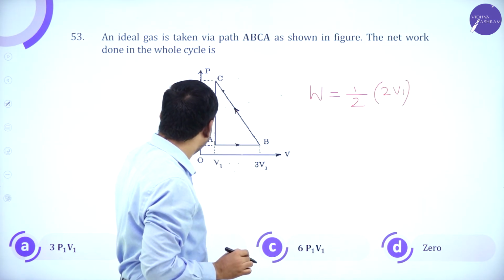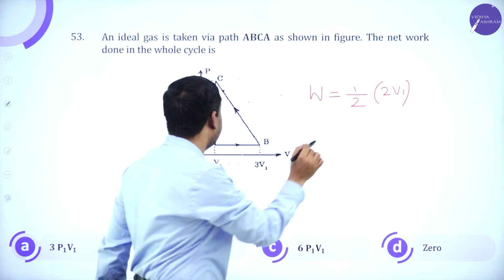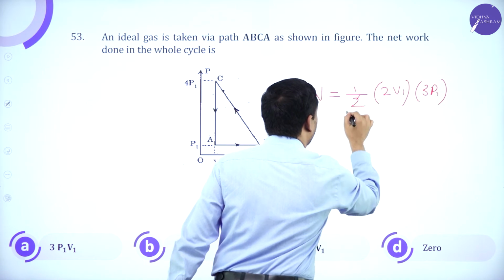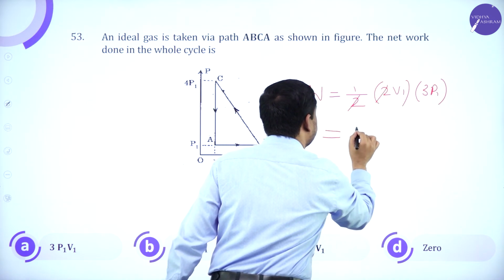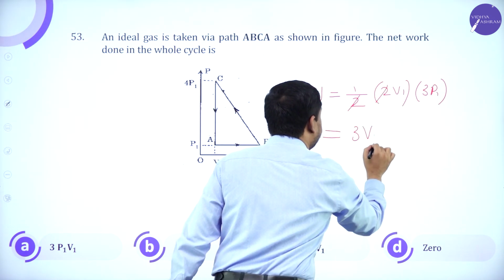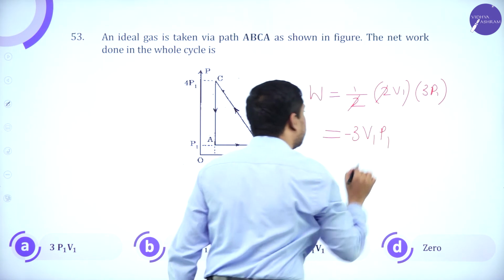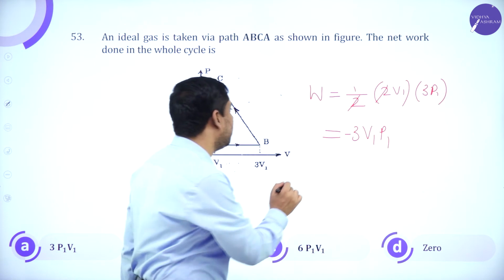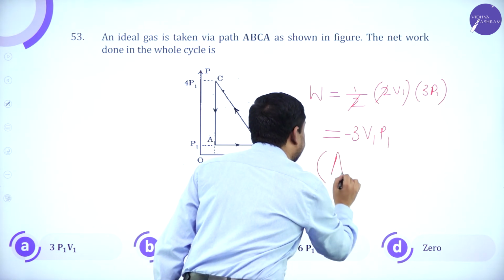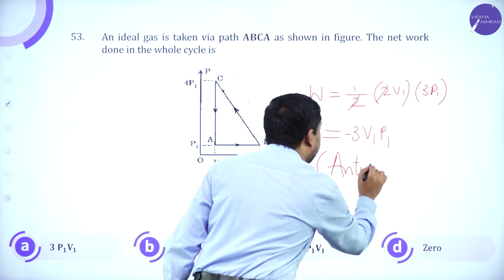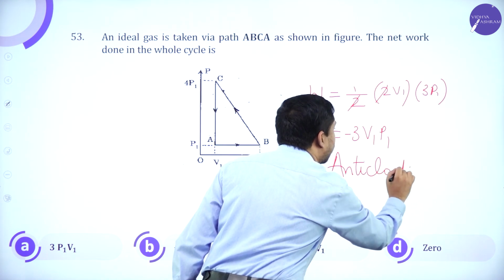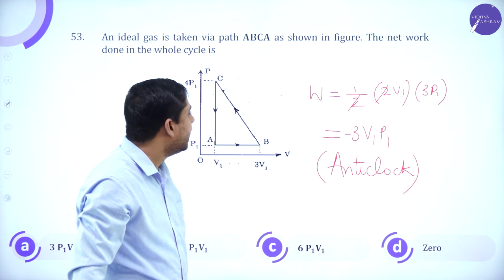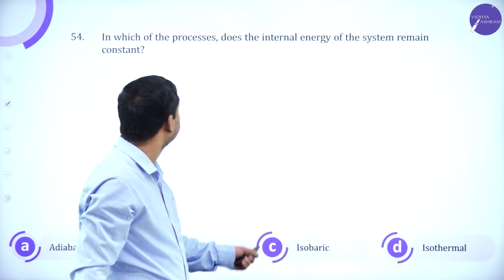Height is 4P1 minus, this is 3P1. 2 and 2 get cancelled. So this is 3V1P1, but with a negative sign. Why negative sign? The process is happening in anti-clockwise direction. Therefore, we have taken negative sign.